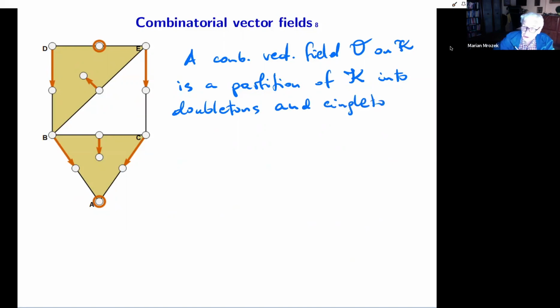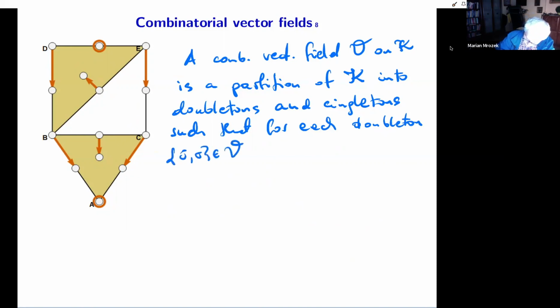but not arbitrary doubletons, but such that for each doubleton tau, sigma in V, either tau is a facet of sigma, or vice versa, sigma is a facet of tau.